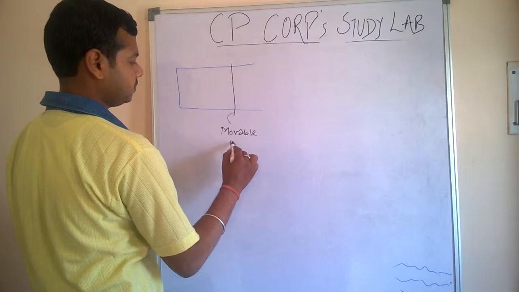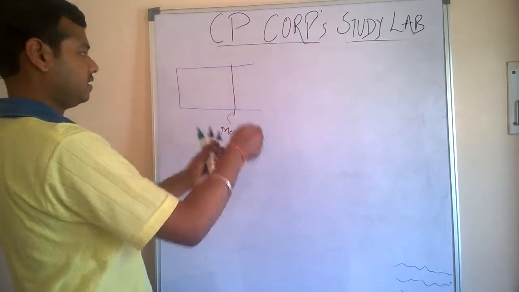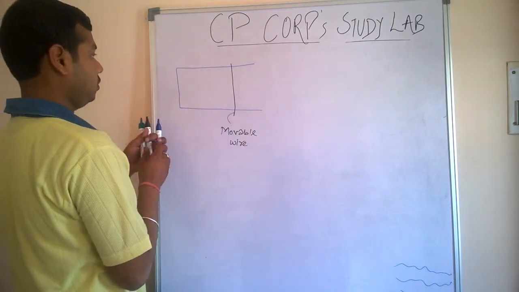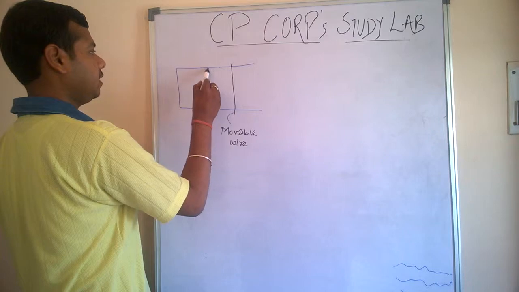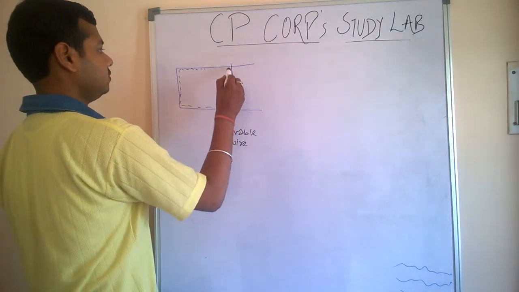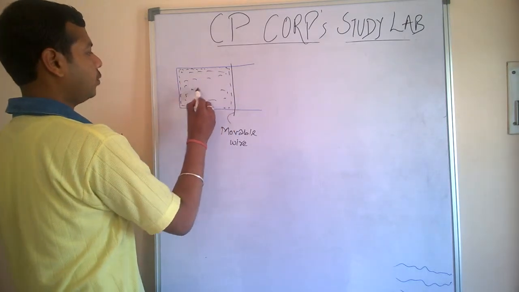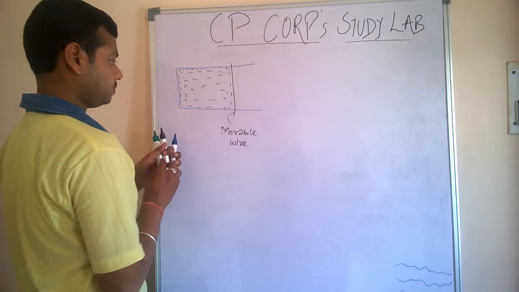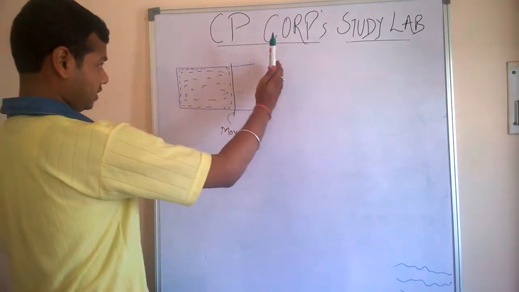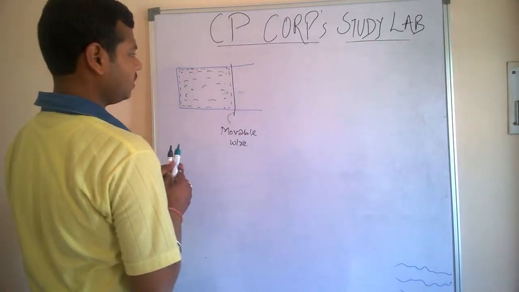Now what we are going to do is put this assembly inside a solution and remove it. So you get a layer of that solution sticking on this surface. You can alter its boundary by moving this movable wire, either in this direction or this direction.